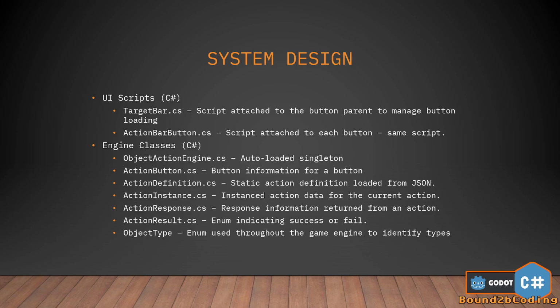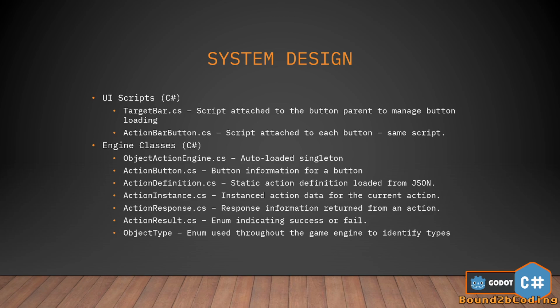Then for each one of the buttons that appear in that bar, there's an action bar button script. Now that script is attached, the same script, to each button. There's no difference in the script. All the buttons have the same action bar button script assigned to them.